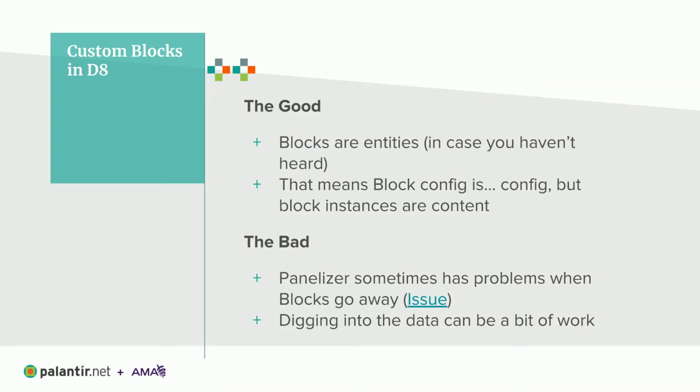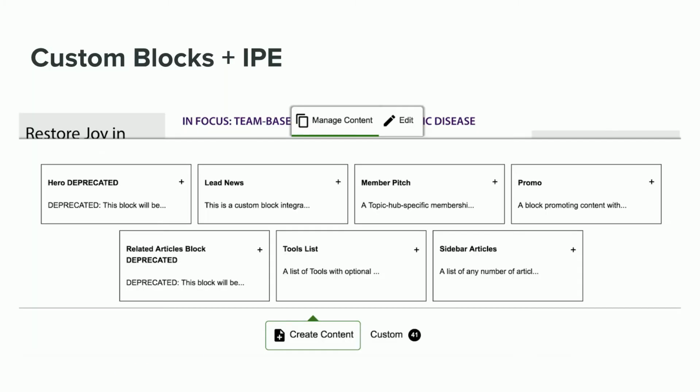As I said, with Panelizer, there's a lot of nesting of the data. You've got your node with a UUID, and then you have to get to the block instance, and then dig for fields there. So if you're trying to get a title or metadata fields, it takes a little bit of work.